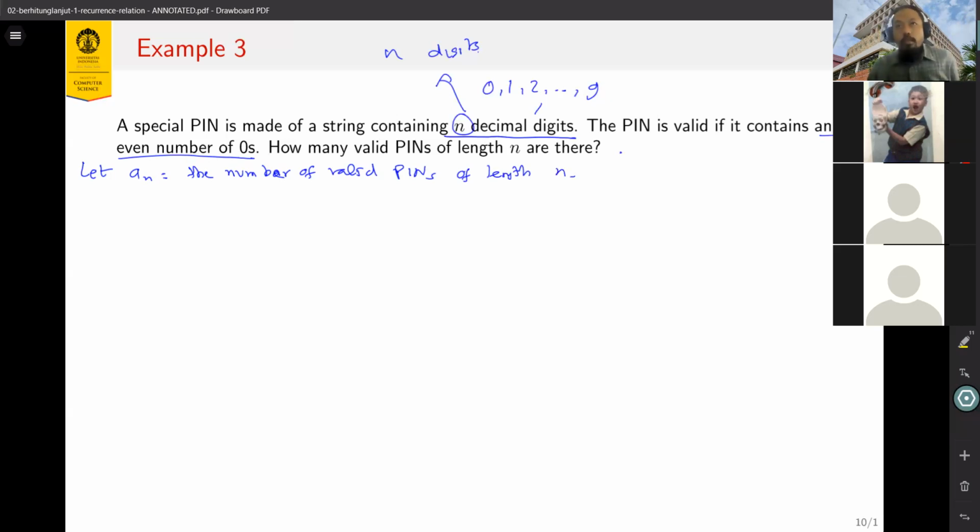So let's start with A0. A0 is what? How many valid pins of length 0? Is it 0? Really?